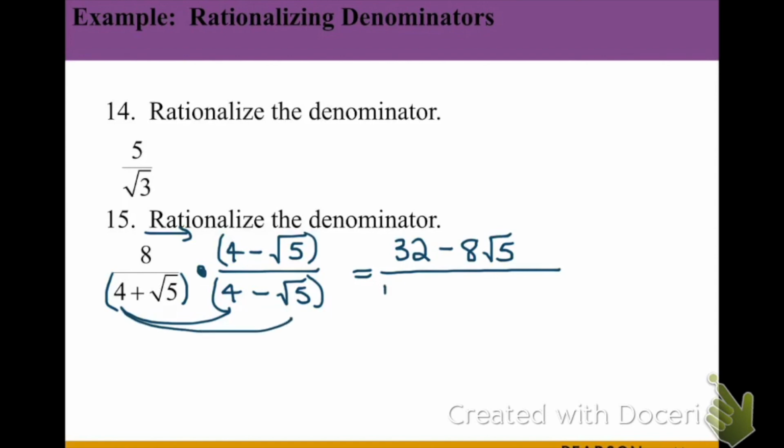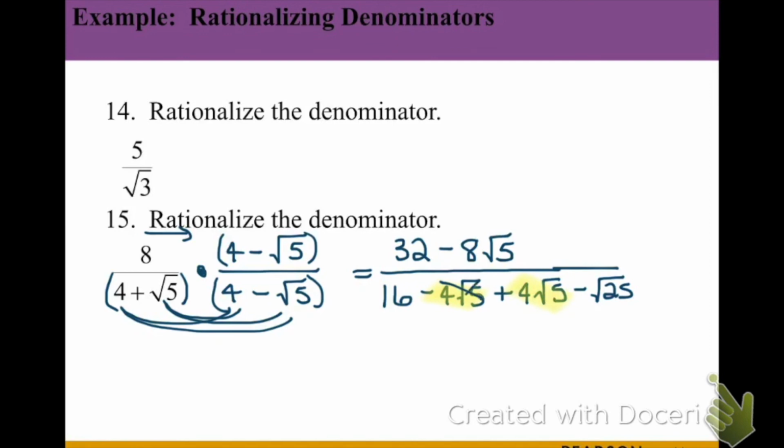So 4 times 4 is 16. 4 times the negative square root of 5 gives us negative 4 square root of 5. Positive square root of 5 times 4 gives a positive 4 square root of 5. And finally, the square root of 5 times the negative square root of 5 gives us a minus square root of 25.